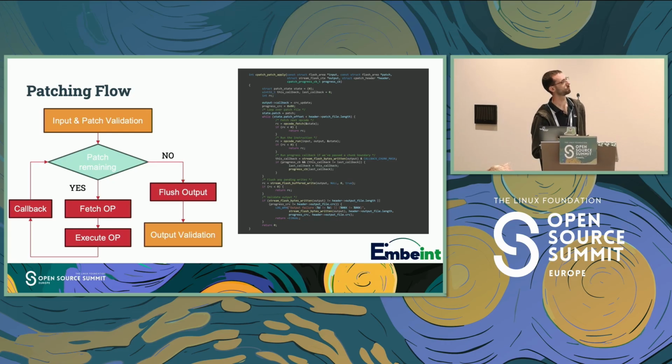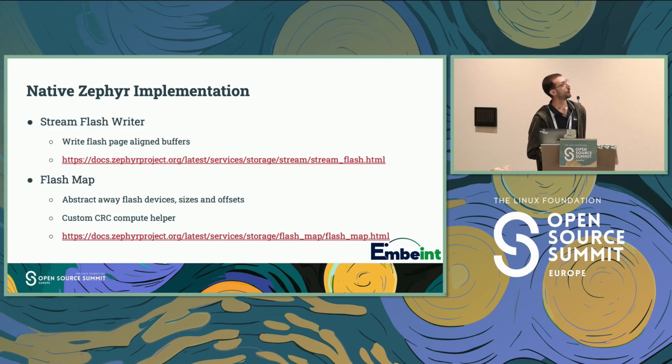Yeah, that's just a graphical version of the code. So as I mentioned at the start, it's a native Zephyr implementation. There's no weird OS abstraction shims sitting in there. And it really just builds upon two of the core Flash abstractions.